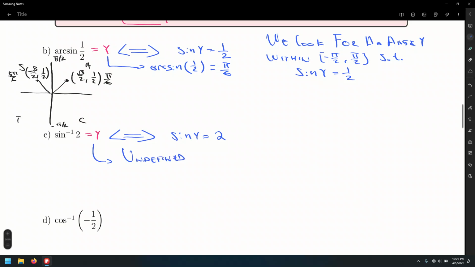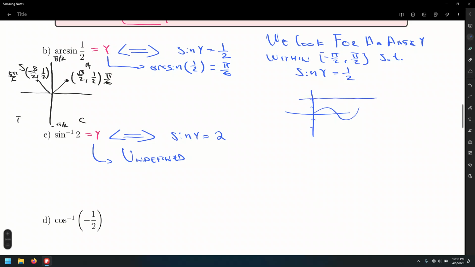And the reason for this is that the range of the sine function goes between -1 and 1. That number 2 is outside of the range between -1 and 1. Don't get me wrong, those of you who are engineering majors or even math majors, when you go to complex analysis, or functions of complex variables, you will find out that there are actually values of y for which the sine function equals 2.